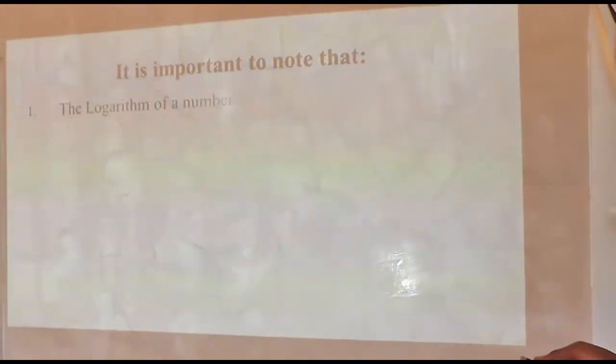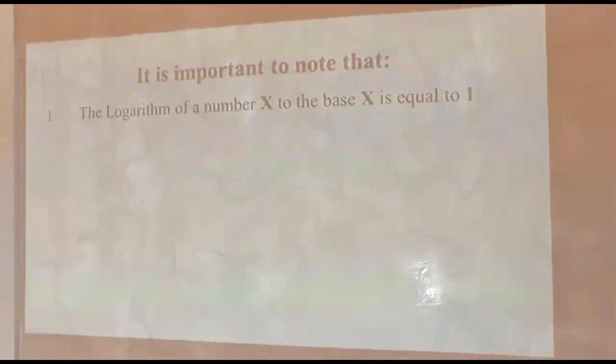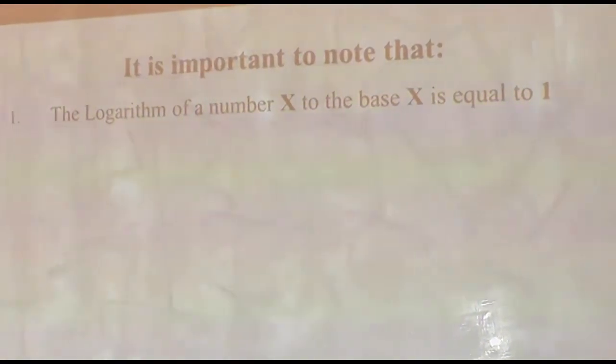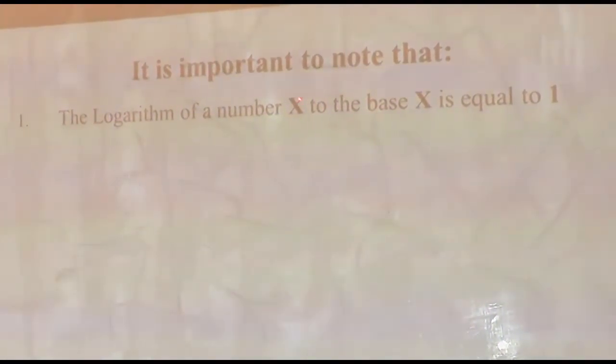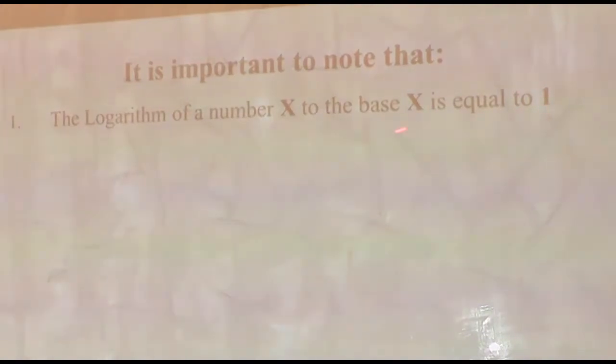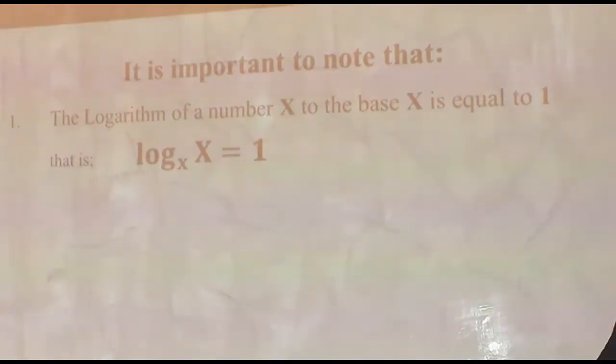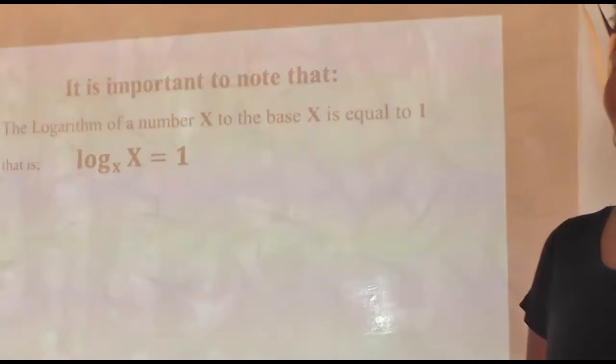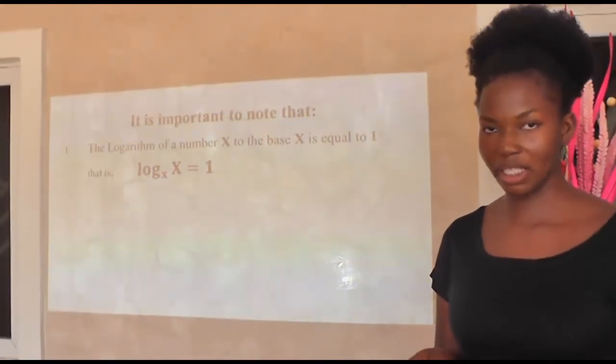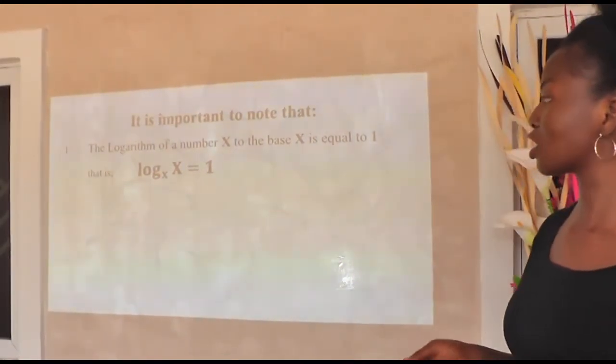Alright? So, having looked at the laws of logarithm, it is important as well to note that the logarithm of a number x to a base x is equal to 1. That is when you have a number which is the same as the base, it will give an answer of 1.